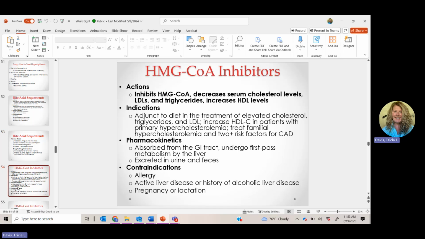Our HMG-CoA inhibitors, very popular class of medication. These inhibit HMG-CoA, which will decrease our cholesterol levels, our LDL, and our triglycerides, and it works to increase our HDL. This is great. We want things that are going to increase that good cholesterol. Not all medications will do that.